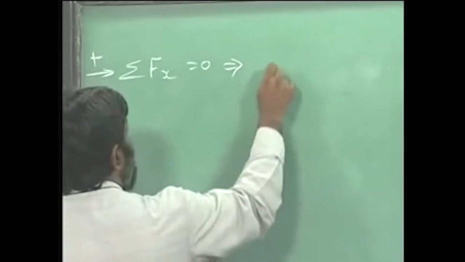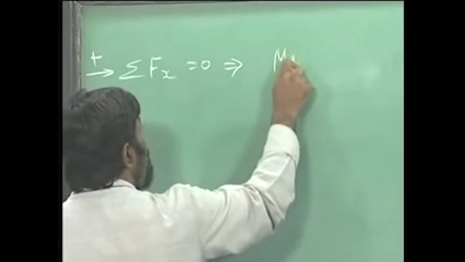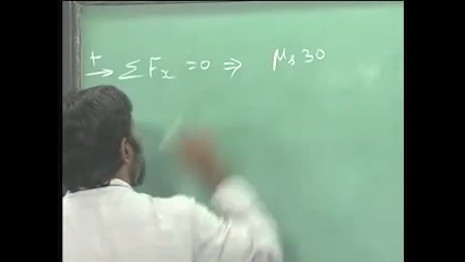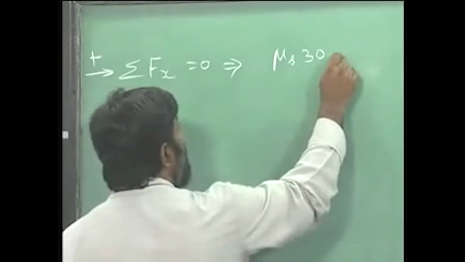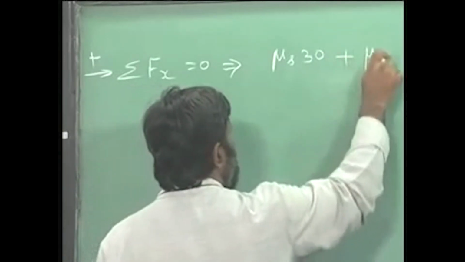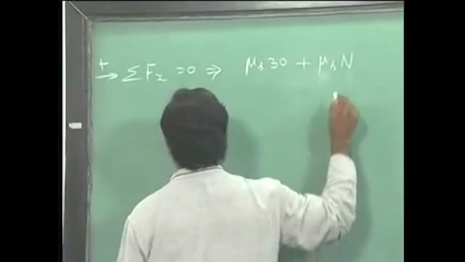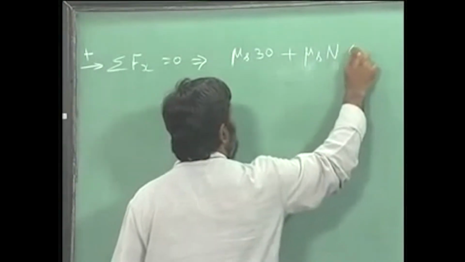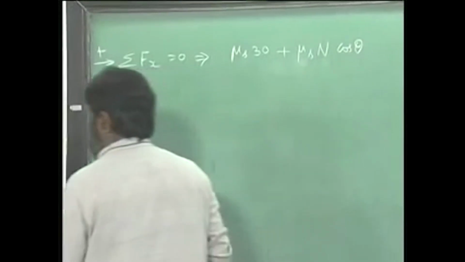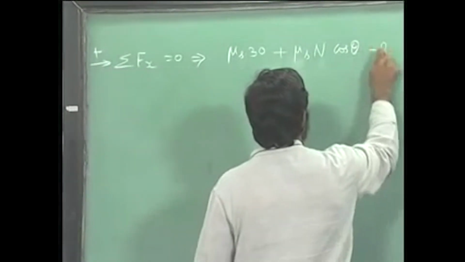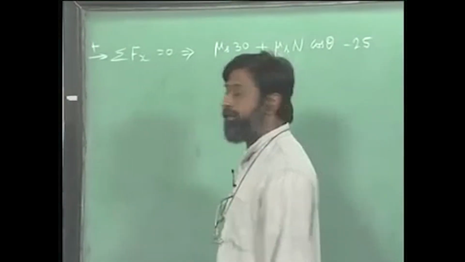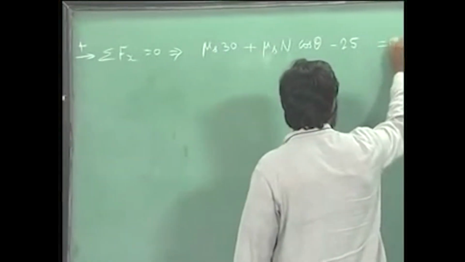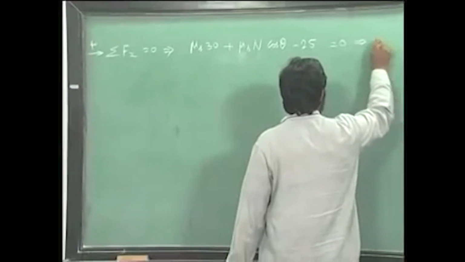This implies I have mu s times 30 kilonewtons, this one, and this one is mu s n, so it is also plus mu s n cos theta, or let me just write it as cos theta, minus 25. If this is equal to 0, it implies impending.